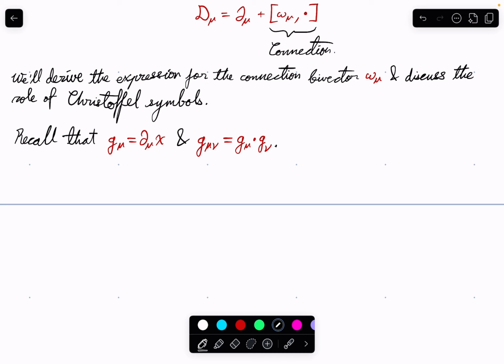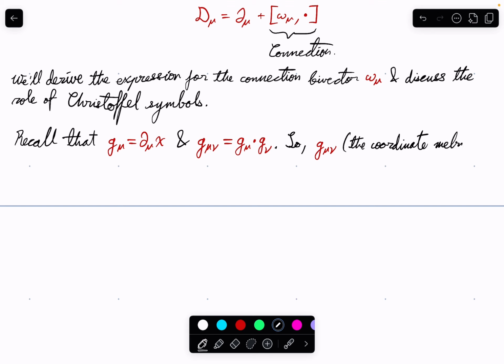So the metric, the coordinate metric, represents the mutual overlap of the coordinate basis.